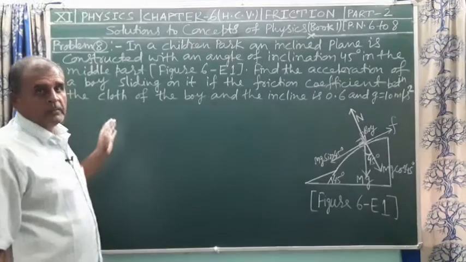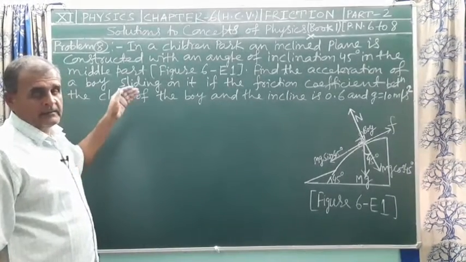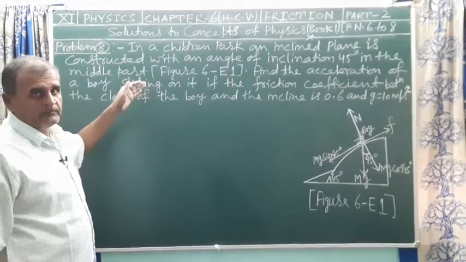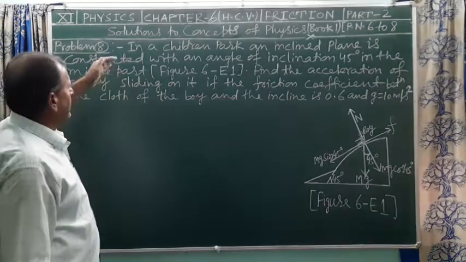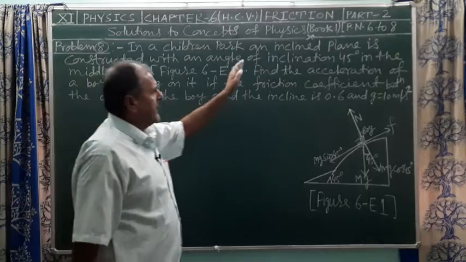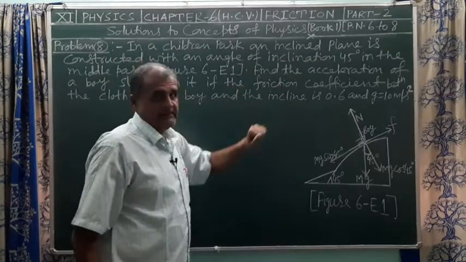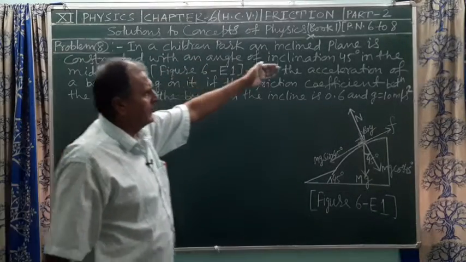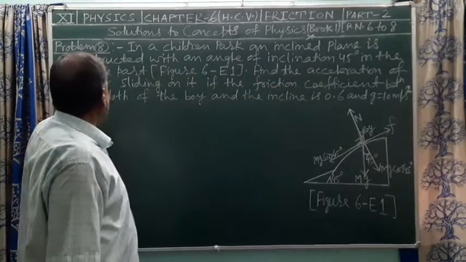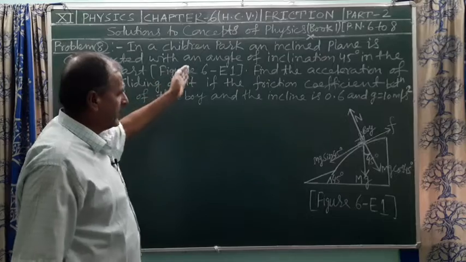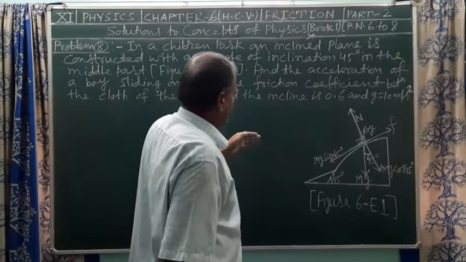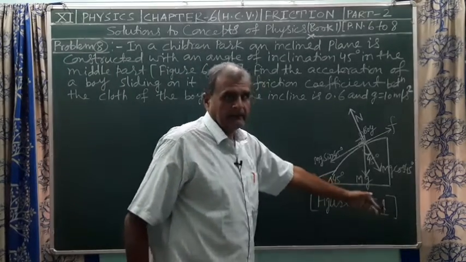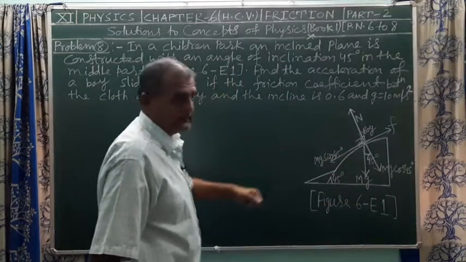Now we have to solve problem 8, which is the last problem of this video. In a children park, an inclined plane is constructed with an angle of inclination 45 degree in the middle part as shown in figure 6E1 given in the book.